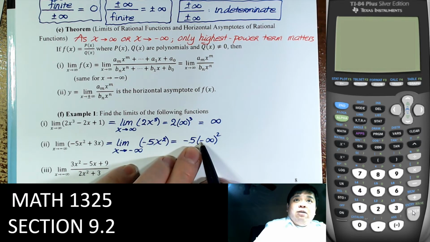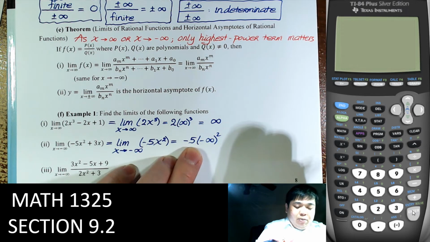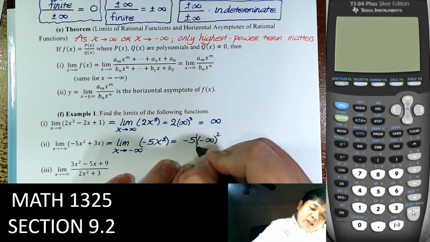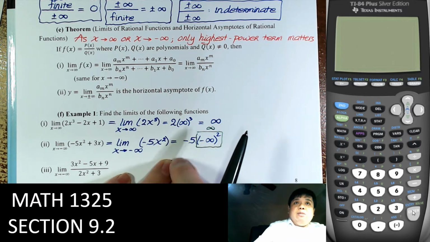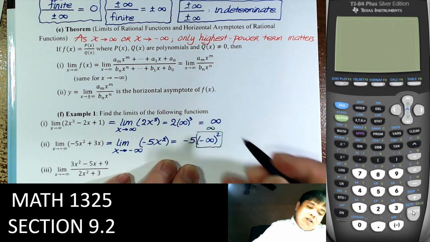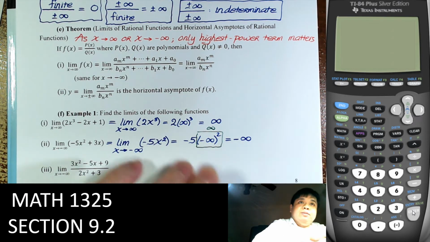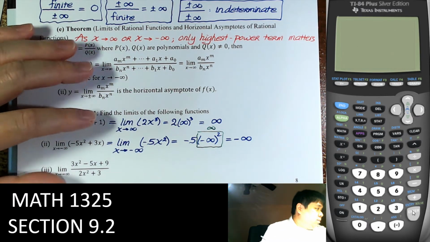Negative infinity squared, negative times negative is positive, so this is positive infinity times negative 5. So this is going to be negative infinity.